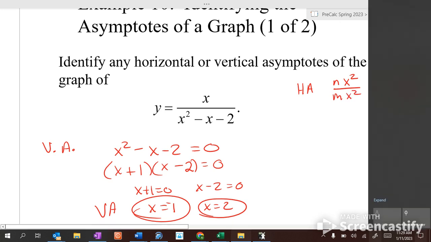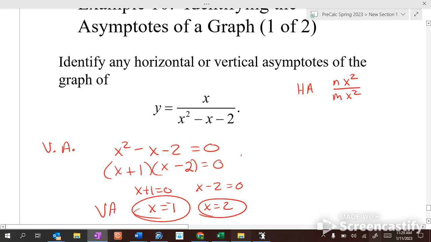If you have the same power on the top and bottom, the horizontal asymptote is the coefficients of both of those. So the horizontal asymptote will say y equals n over m. If the highest power in each is the same power, then it's the top number over the bottom number. Now, if these are both 1s, your horizontal asymptote is 1. Okay?